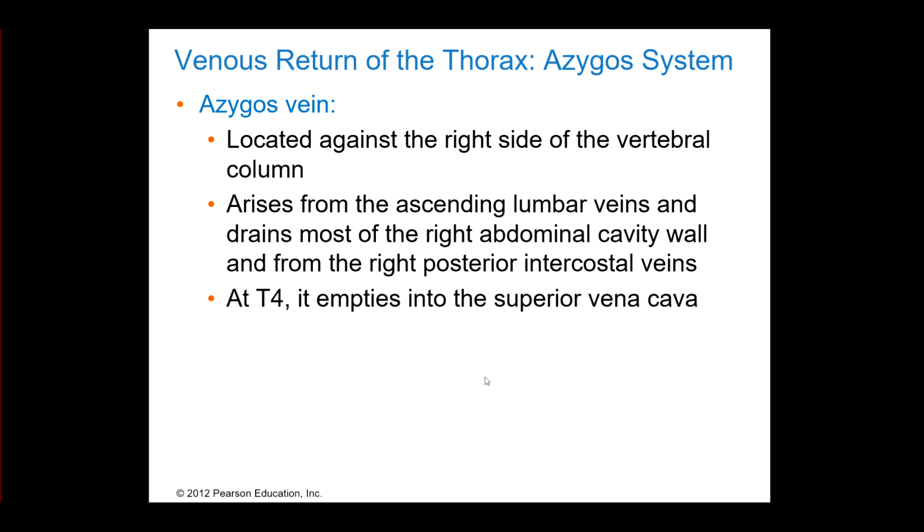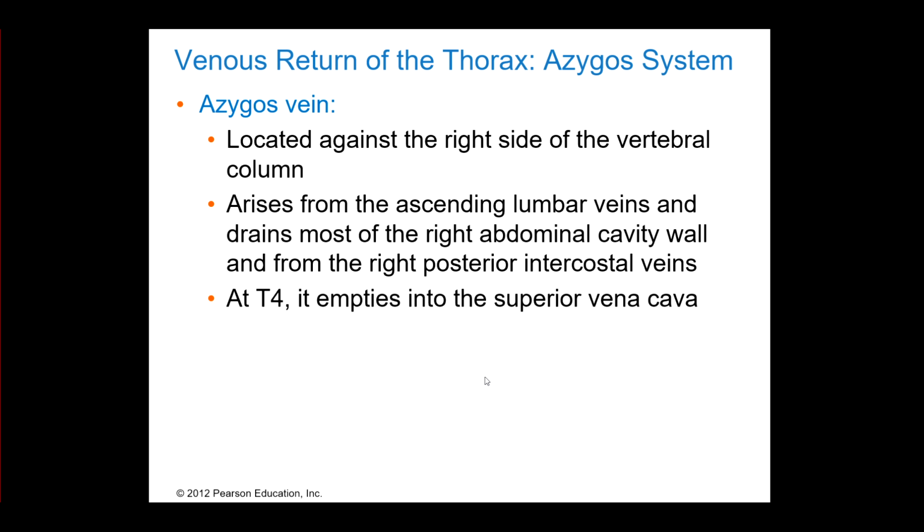I want to finish up this lesson by showing you a system of veins that drain the body wall, and ultimately they bring the blood from the body wall, the frame, into the superior vena cava. And we call this system the azygous system. Some people say azygous, some people say azygous.